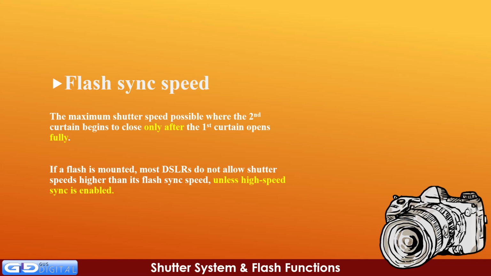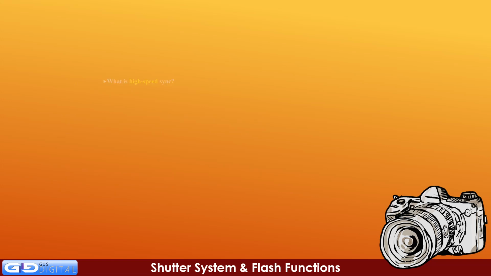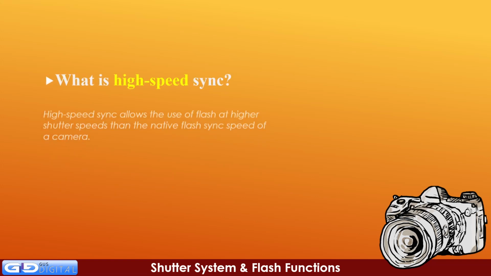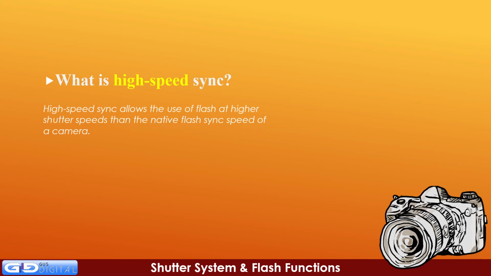Now that leads us to the question, what is high-speed sync? As the name suggests, it allows the use of a flash at higher shutter speeds than the native flash sync speed of a camera.